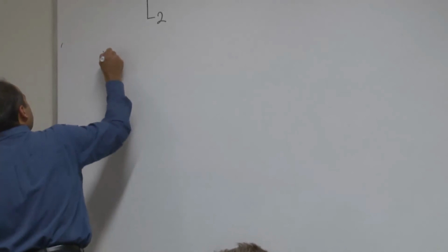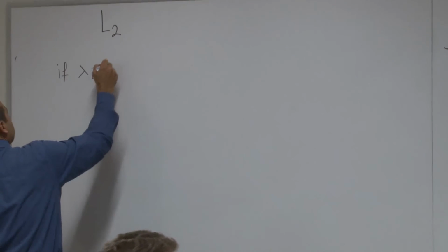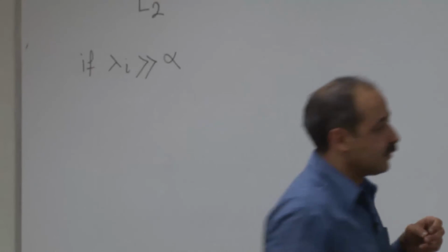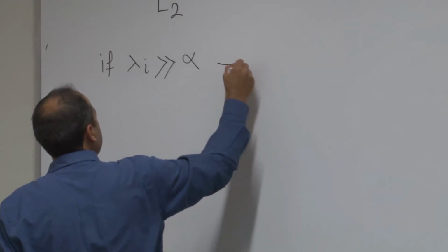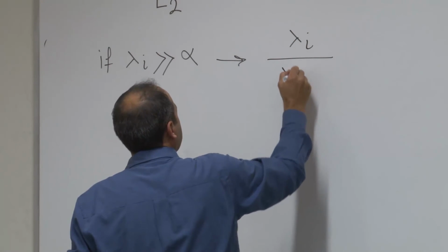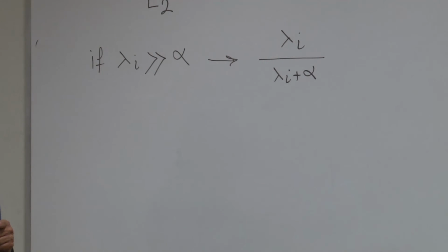So if lambda i is greater than alpha, then lambda i divided by lambda i plus alpha is going to be 1.